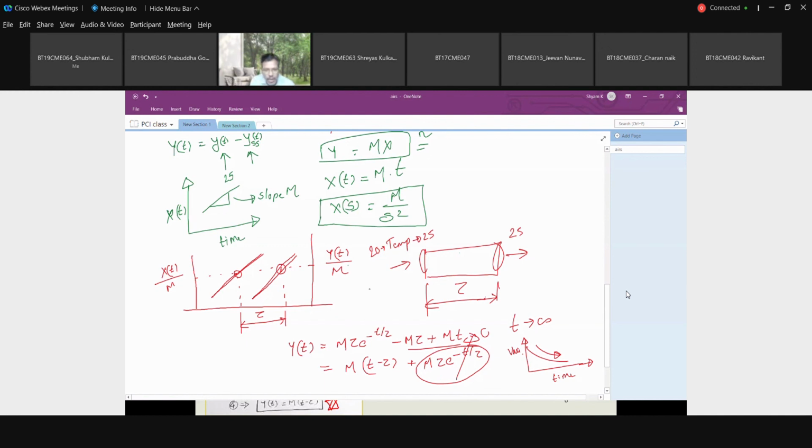Only the remaining term will stay, since t is too large, therefore it will remain as it is. Are you getting my point? Mathematically, got it? Yes, I got confused about the limit, sir. Now I got it. Okay, fine.